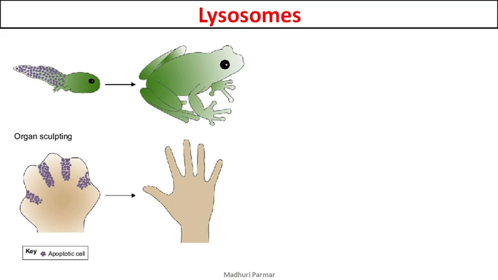So to protect you from such cells, which can harm. Second thing, as I told you, apart from destructive, it also has a constructive side, which we just saw in organ sculpting, or during metamorphosis, where some of the organs or some part of the organ are destroyed to give rise to the adult form.